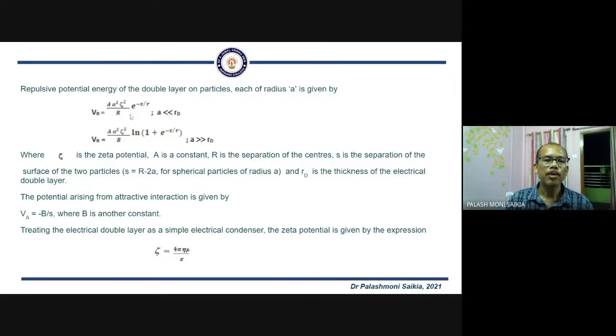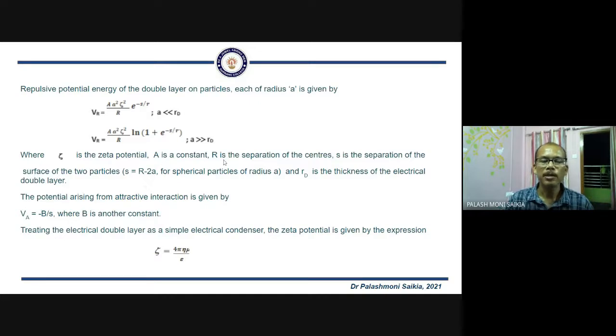Now, what are the parameters here? A is definitely a constant. R is the separation of the centers of the spheres. S is the separation of the surfaces of the particles. So S and R are related: S is equal to R minus 2a, where a is the radius of the sphere.